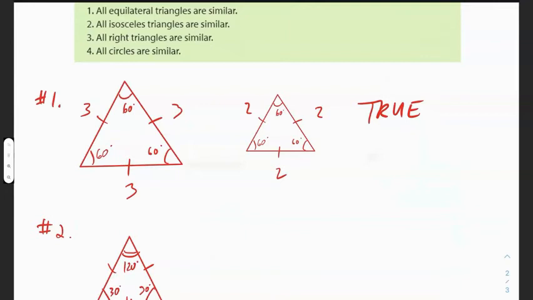This side could be like, I don't know, 5, 5, and 7, right? I'm just making it up right now. But I can totally draw another isosceles triangle where these angles are much more different, right?